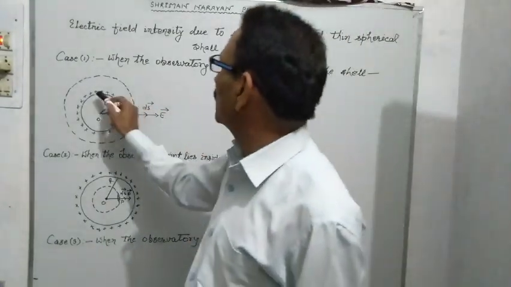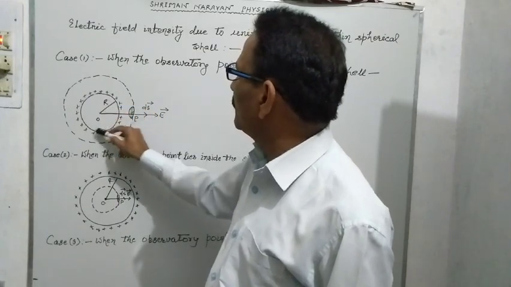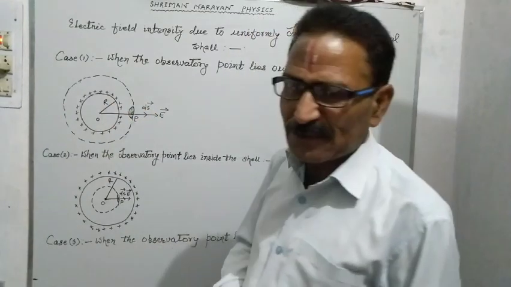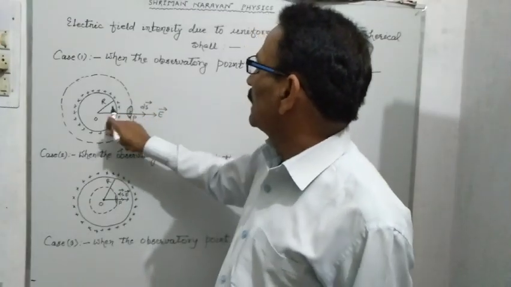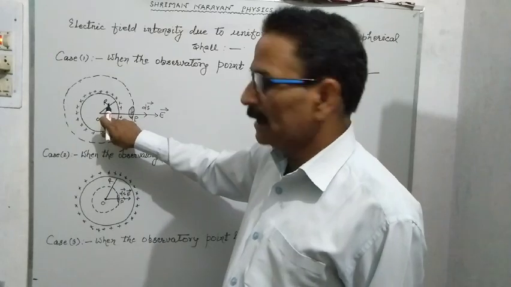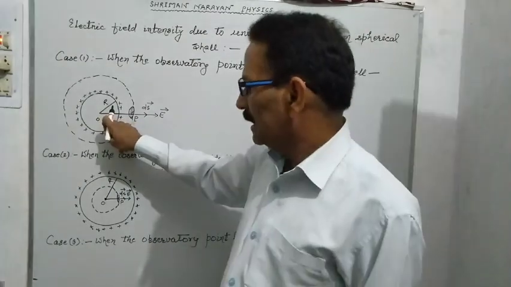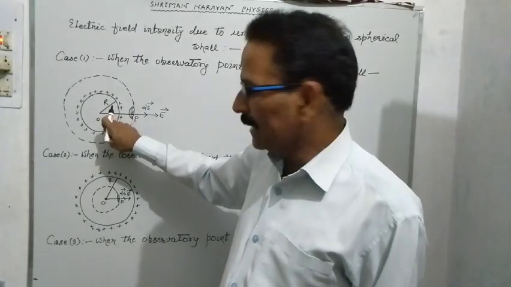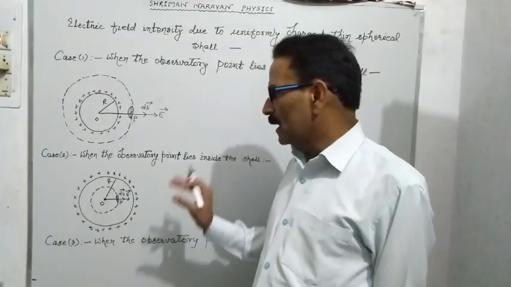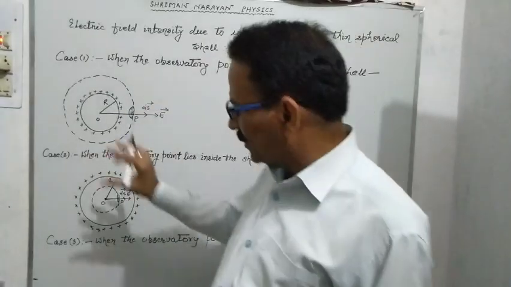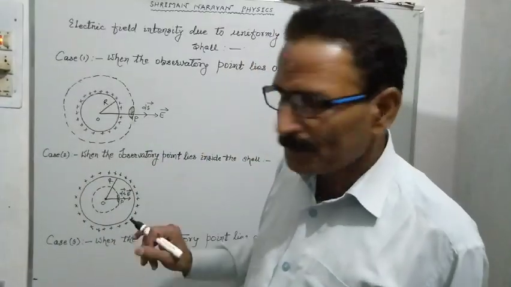So firstly you can see this figure here. I have assumed it is representing a thin spherical shell. Let the center of this thin spherical shell be O, and let its radius be capital R. The charge is uniformly distributed over this entire surface.